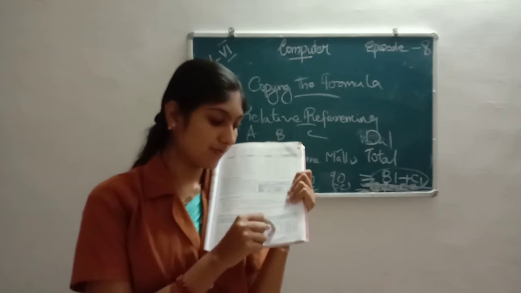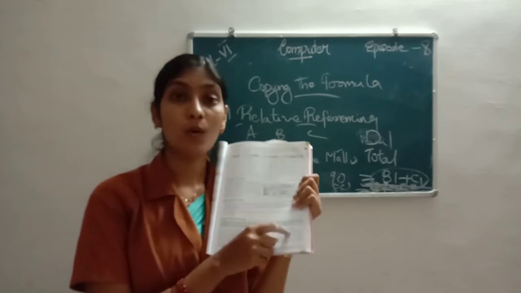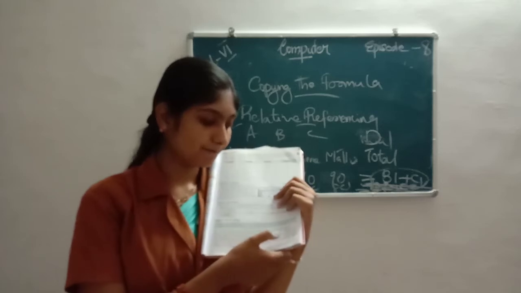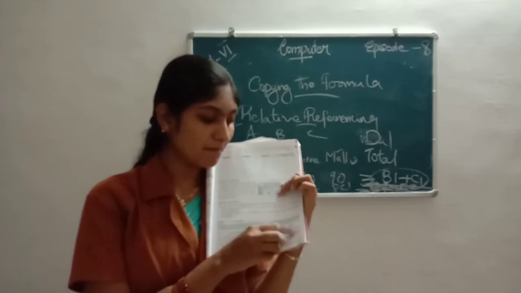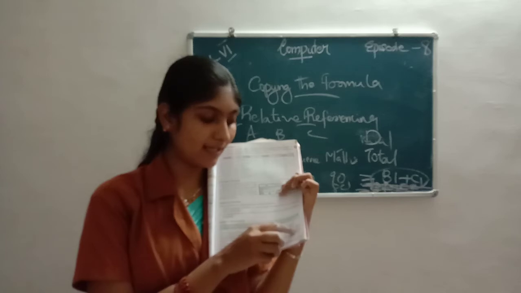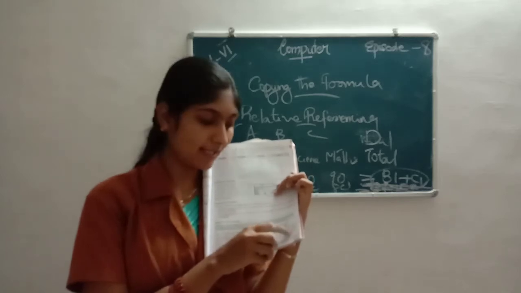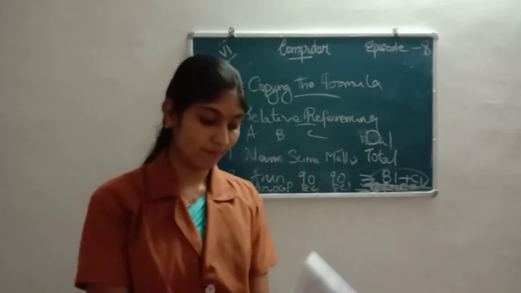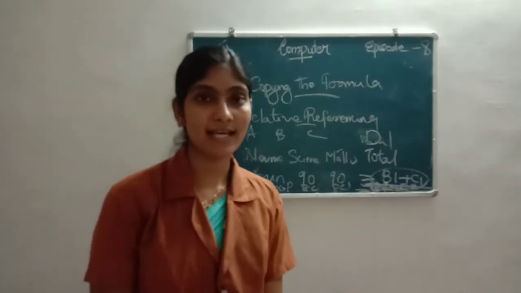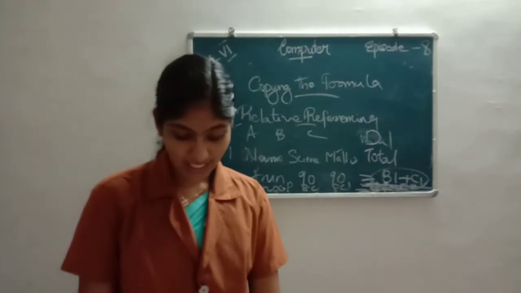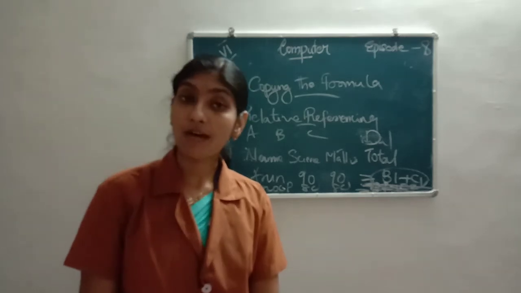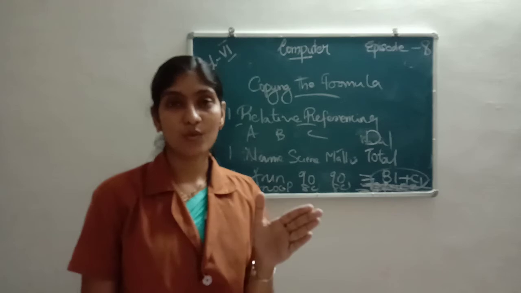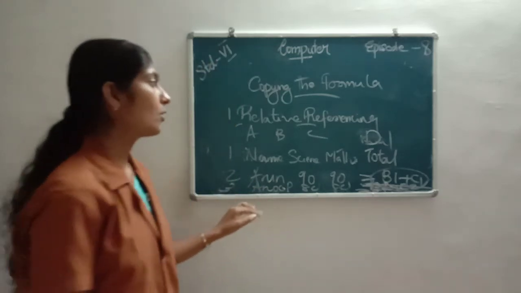So 56 plus 78 is equal to 134. Then next it will change to B3 plus C3, then B4 plus C4, then B5 plus C5, and then B6 plus C6. So we can say that the cell address changes according to where it is being copied.